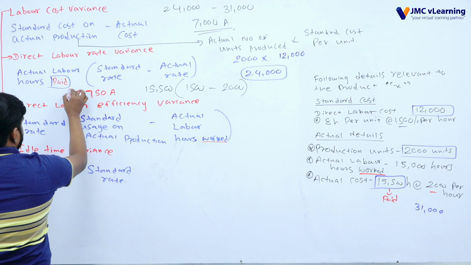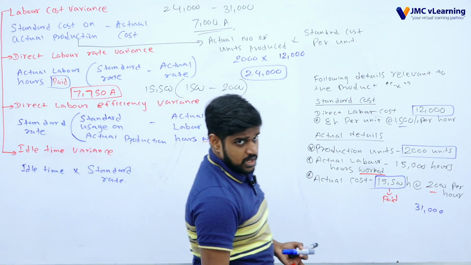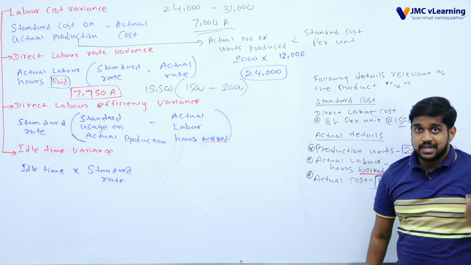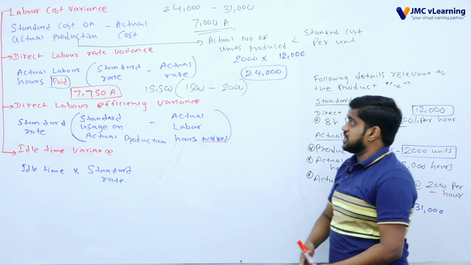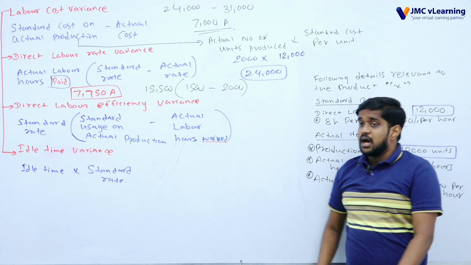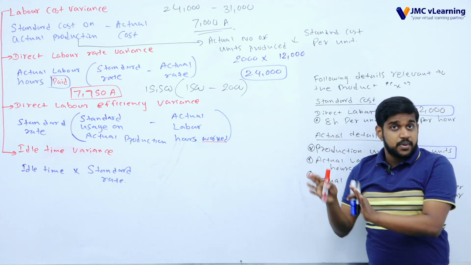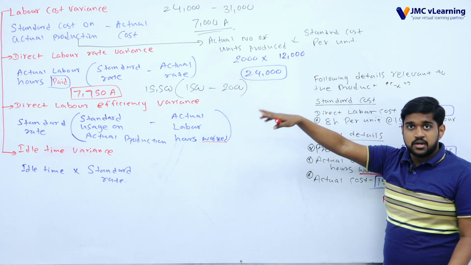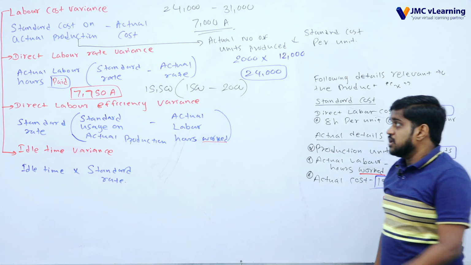Why can we say it is an adverse variance? Under the direct labor rate variance, we mainly focus on the deviation in our direct labor rate per hour. The standard rate per hour is 1,500. That means we budgeted 1,500 per hour, but our actual one is 2,000, which is 500 more. Therefore, our direct labor rate variance should definitely be adverse.